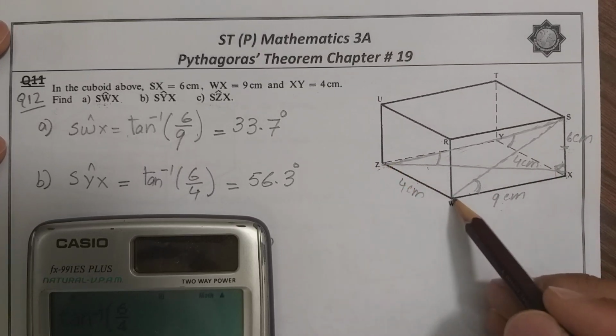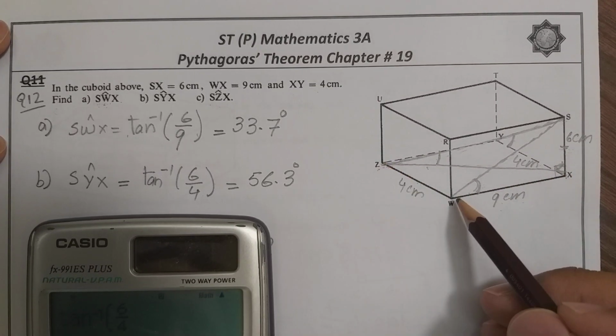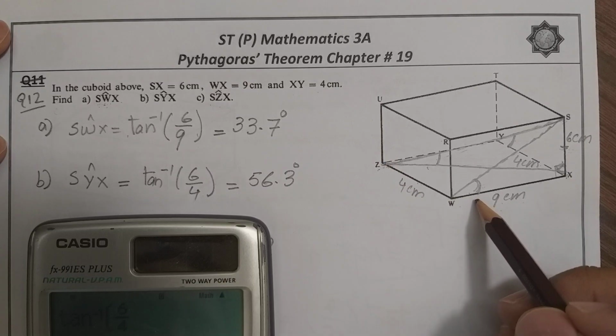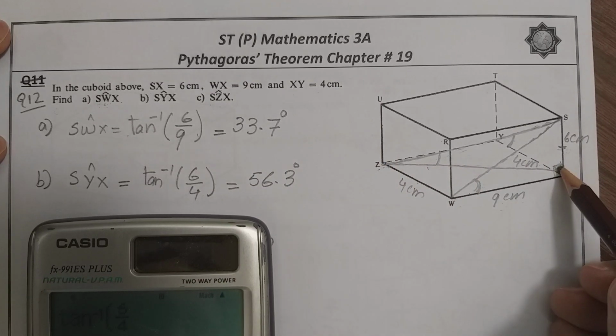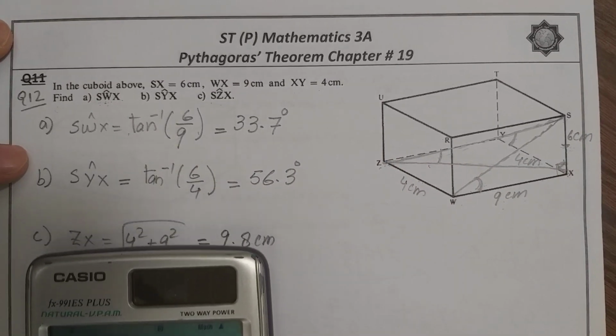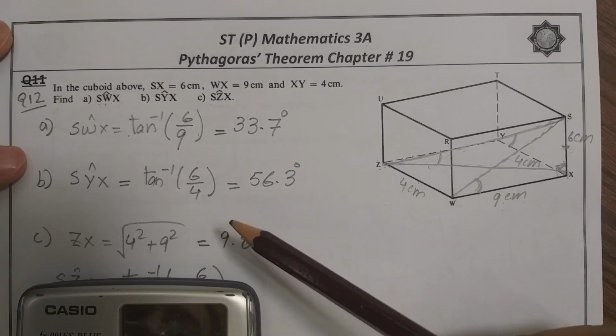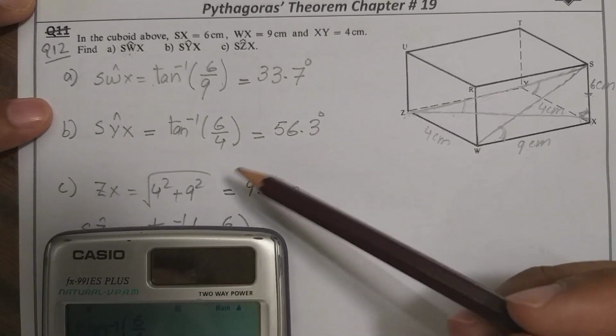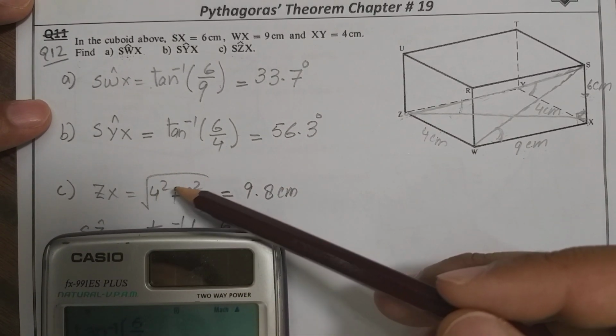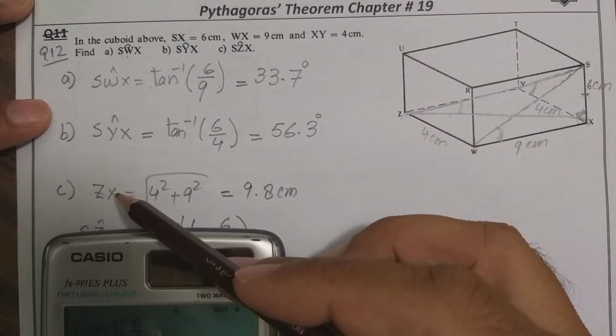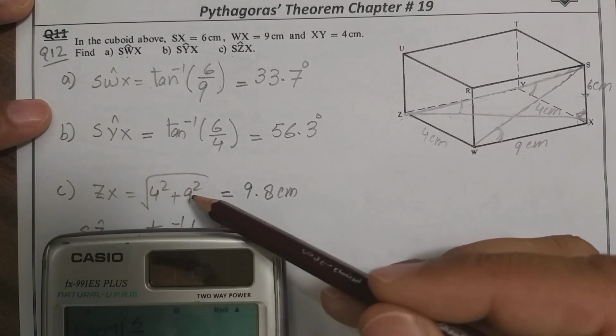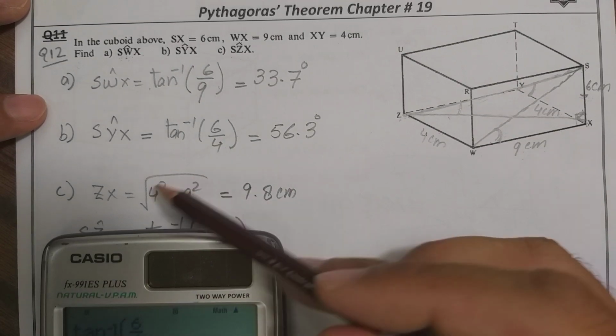If you look here, this is a right angle triangle again. ZWX is a right angle triangle, and according to this, ZX is the hypotenuse. The hypotenuse squared equals the sum of the squares of the two shorter sides, then take the square root.